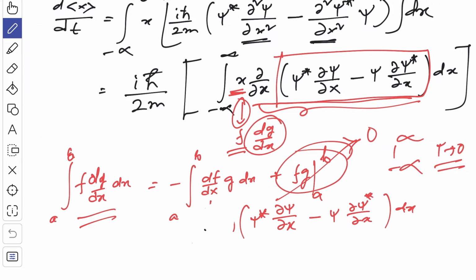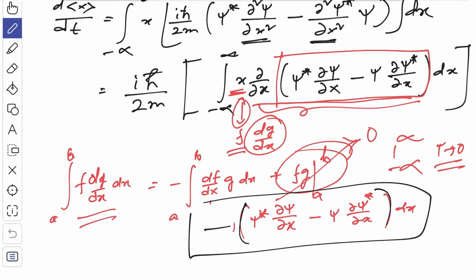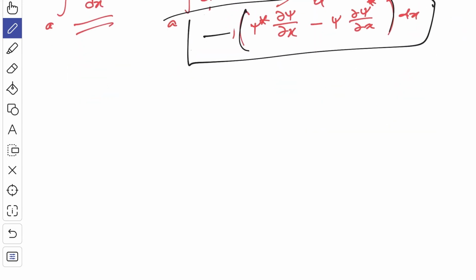Sorry, minus this, we will get this result after applying integration by parts. Okay, so let's do that. So let us use this value here. So then what we will get?